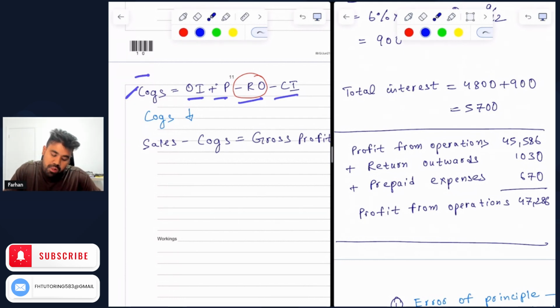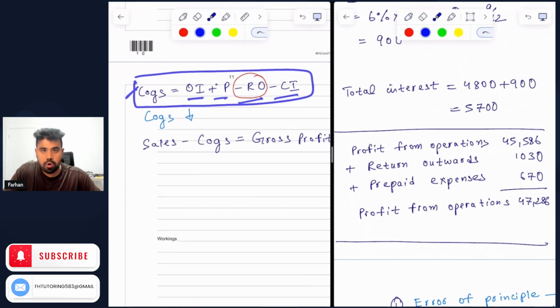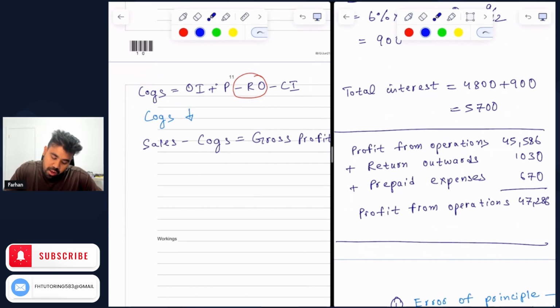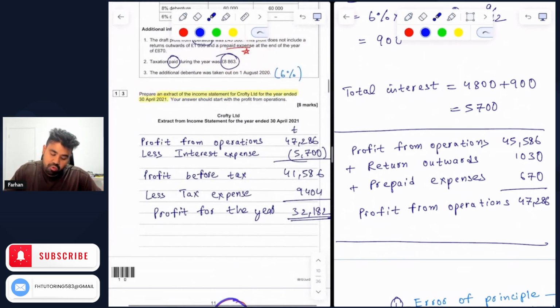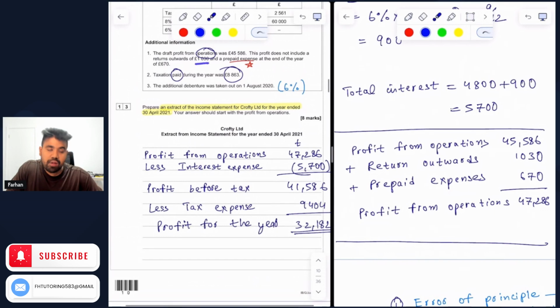So this is the formula for finding the cost of goods sold, okay? Now, when it comes to the return outwards, we actually had a return outwards of £1,030 for the year, but we didn't include it in our calculations before.